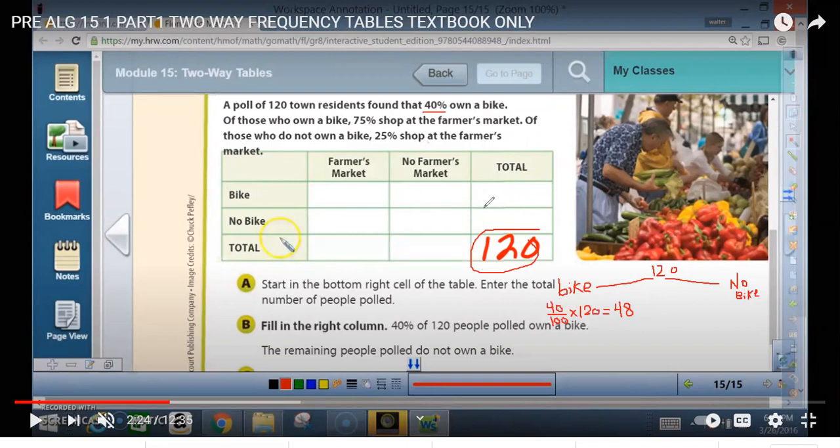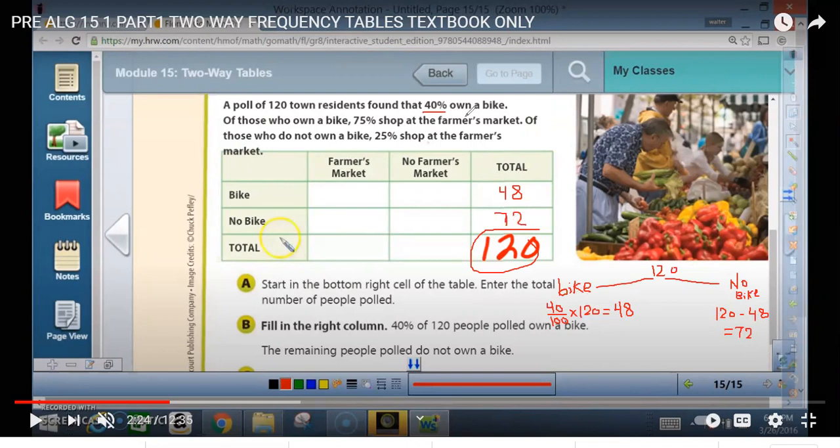So we can say bike here, I have the total is 48, which means how many don't have a bike? So we can make 120 minus 48 equal 72. Then I have 72 who don't have a bike.